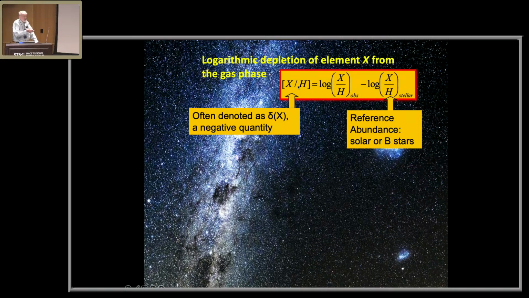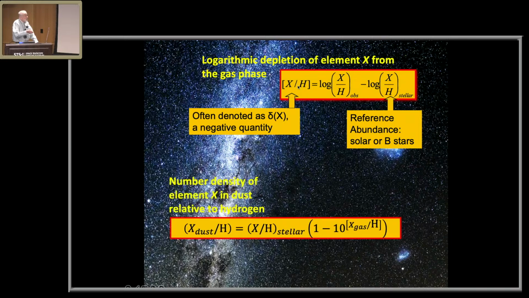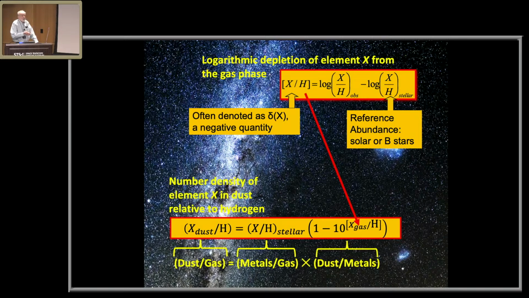That's always a negative quantity. You can then infer the amount of material in the dust by this simple formula at the bottom. Basically, the dust to gas ratio is equal to the metal to gas, as indicated by the stellar abundances, and then the dust to metals down here.